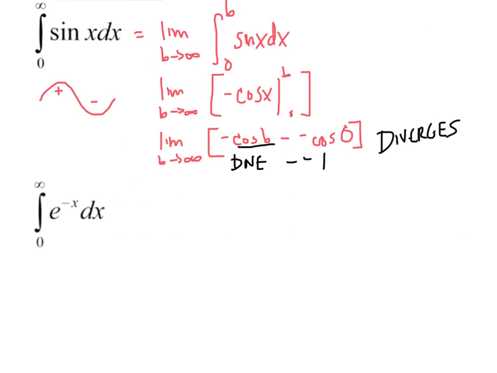Okay. Last one. I'm going to rewrite this with a limit statement. I would urge you to get in the habit of doing that because it's notationally correct, and it also explains at the end why you can suddenly just drop some terms out. The antiderivative of e to the negative x is negative e to the negative x, evaluated at b and 0.